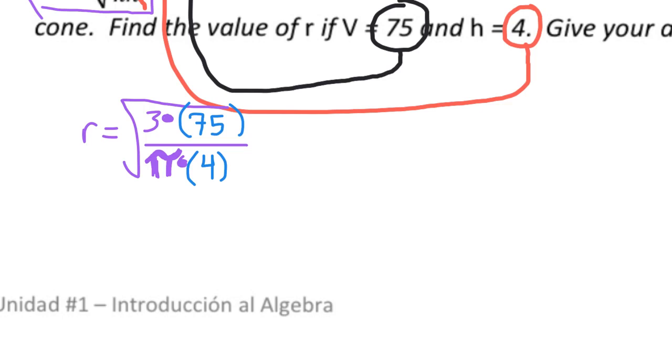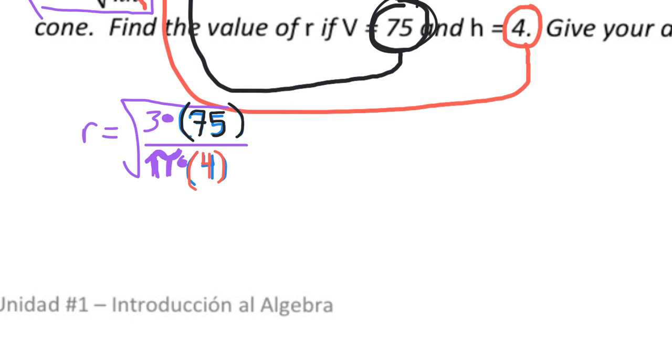Let me just fix these colors really quick. Okay, step 1, circle and draw arrows. Step 2, PEMDAS. Parentheses, nothing to do inside the parentheses.